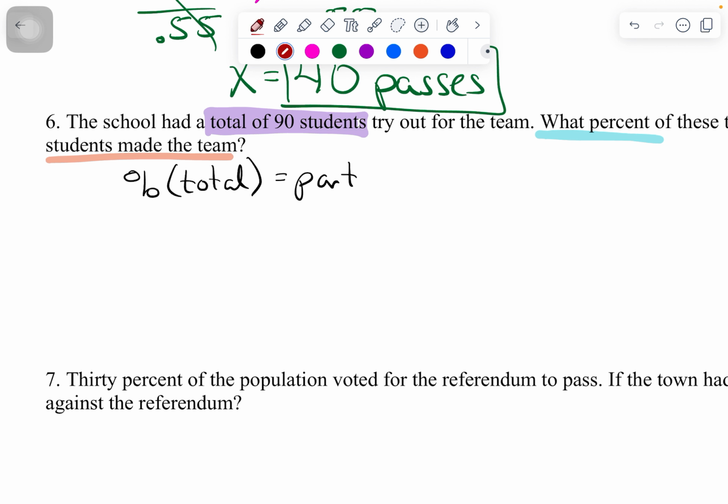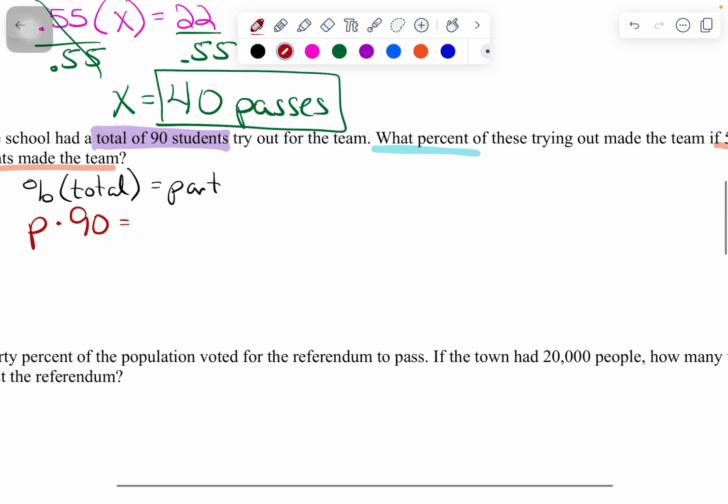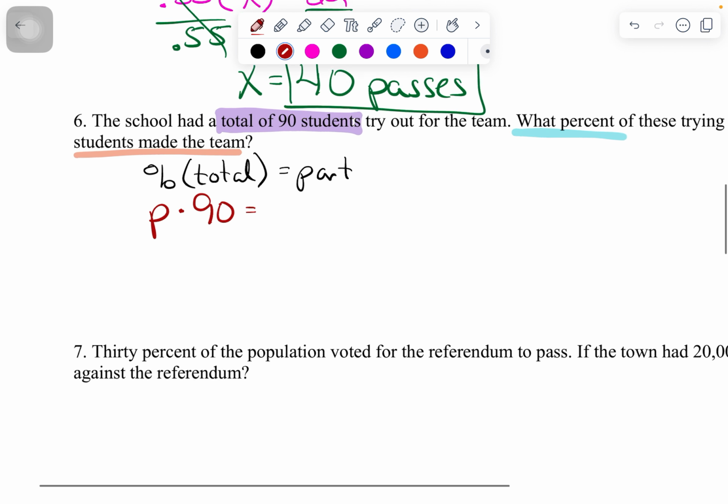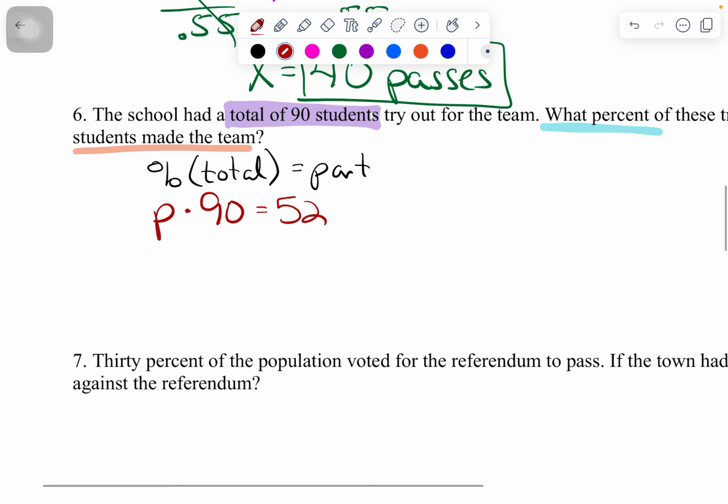So what's our percent? I don't know, but I'm going to call it P for percent. Our total, we're going to multiply by 90 students. And then 52 of the students actually made the team. So 52 goes here. To get our percent, we're going to divide both sides by 90.